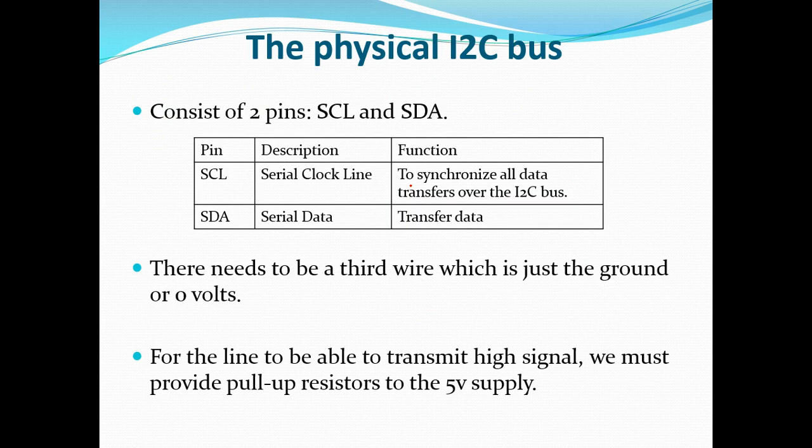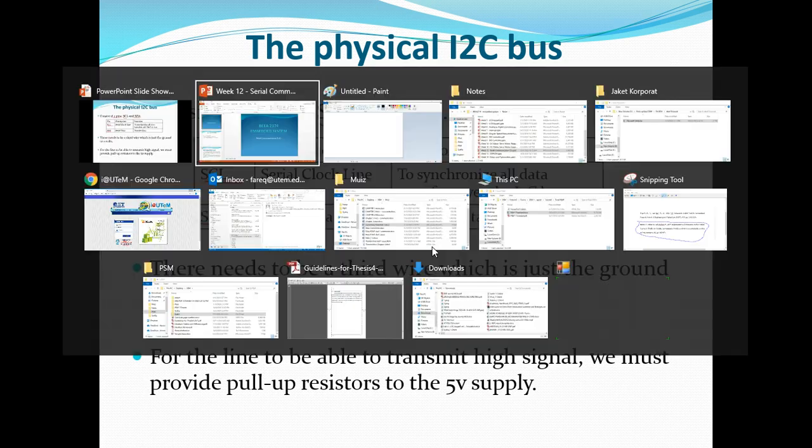Okay, now we go to the physical I squared C bus. It consists of two pins, SCL and SDA: serial clock line and serial data. Before that, let me roughly explain what I squared C serial communication is.